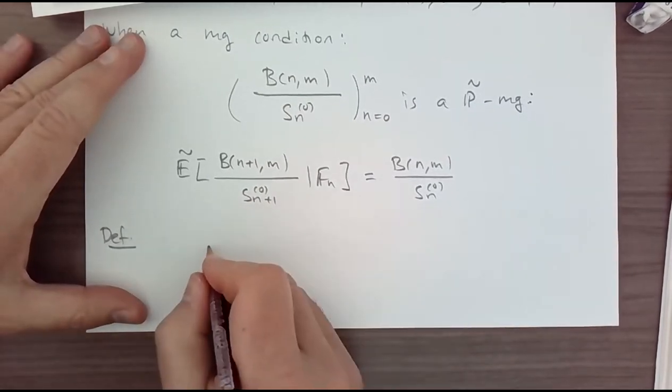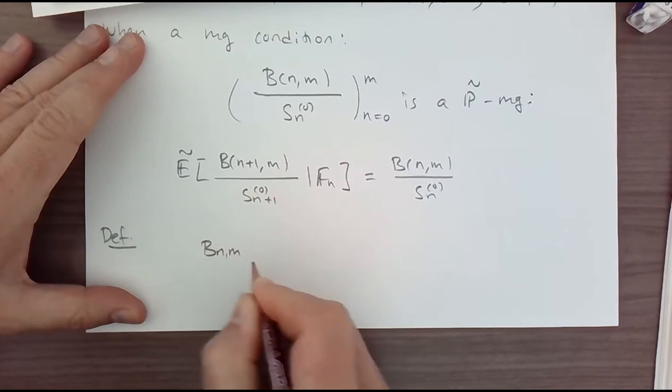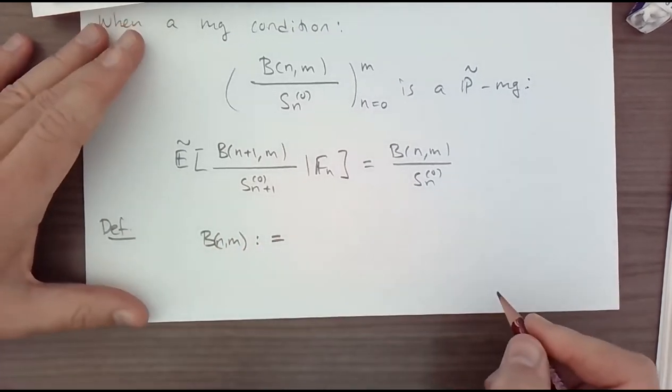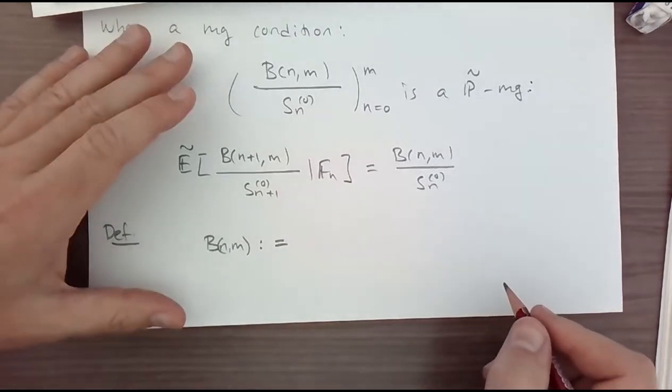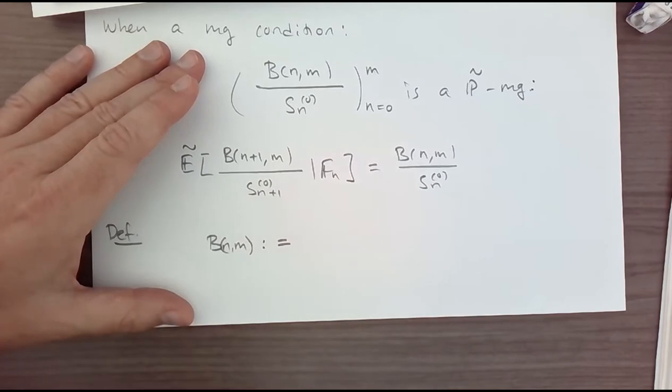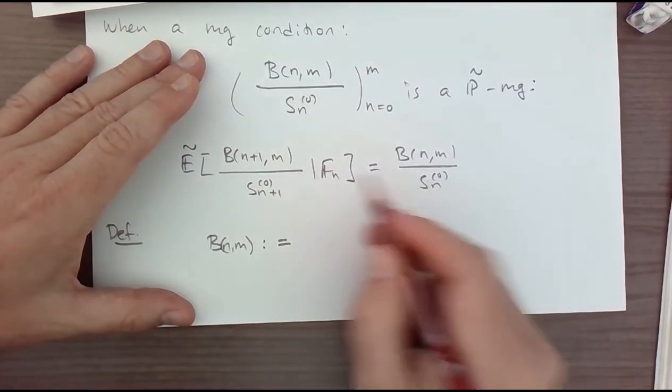This is how we're going to define zero coupon bonds. We define B^n_M by basically just multiplying over in this formula.